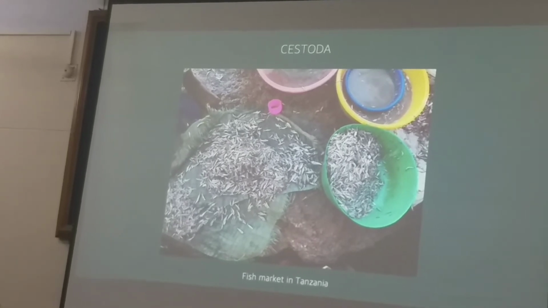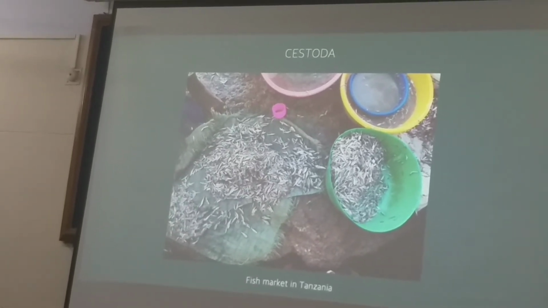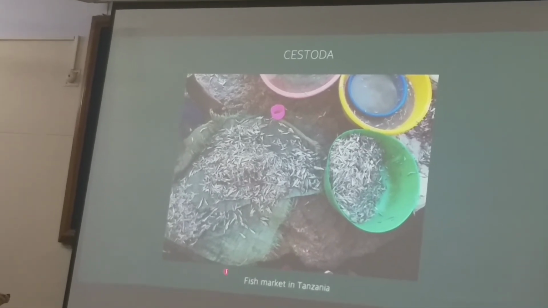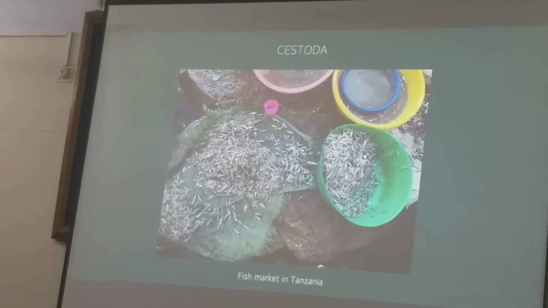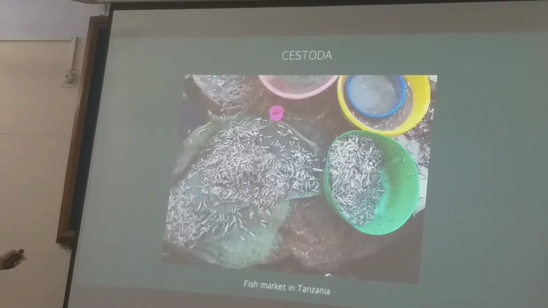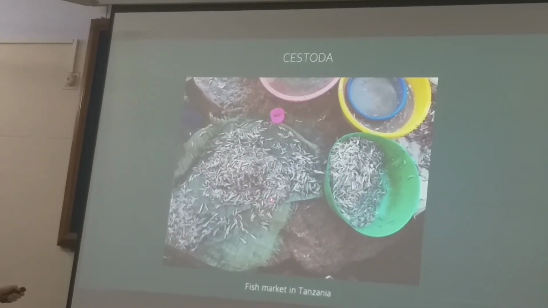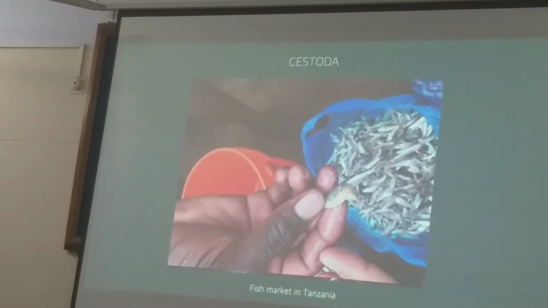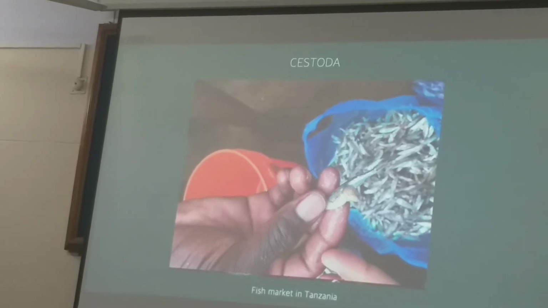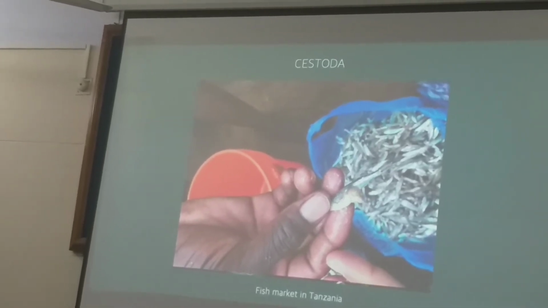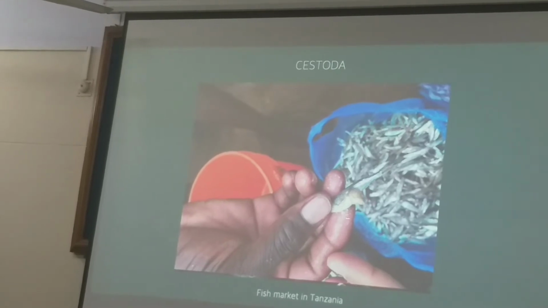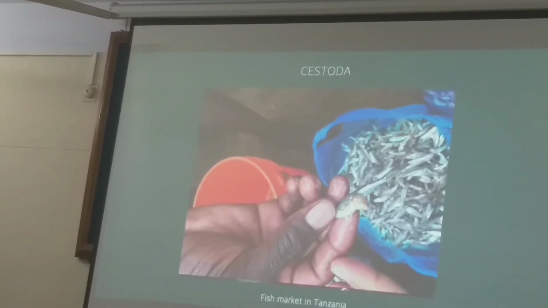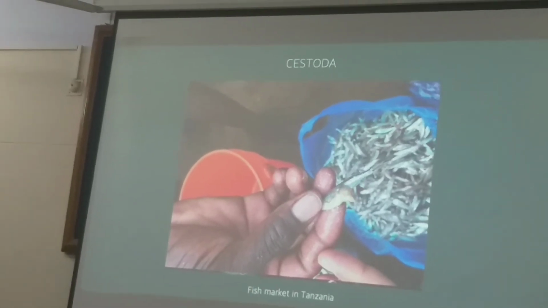And this is another fish cestode. I took a picture in the fish market in Tanzania. Here there are many tiny silver fish in the market. Actually, Dr. Park is working with this fish parasite. They are tiny, but we found something inside their abdominal cavity.